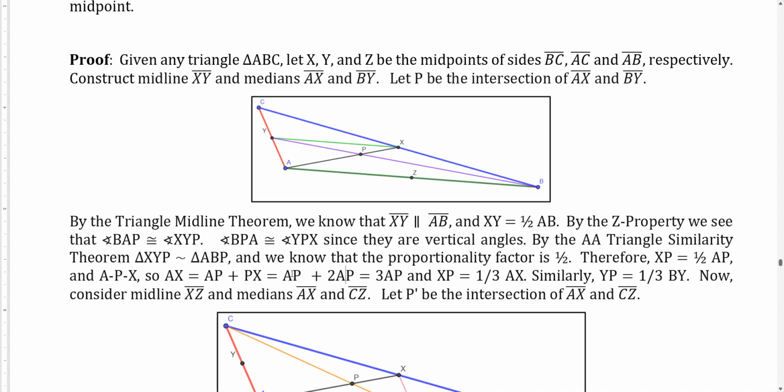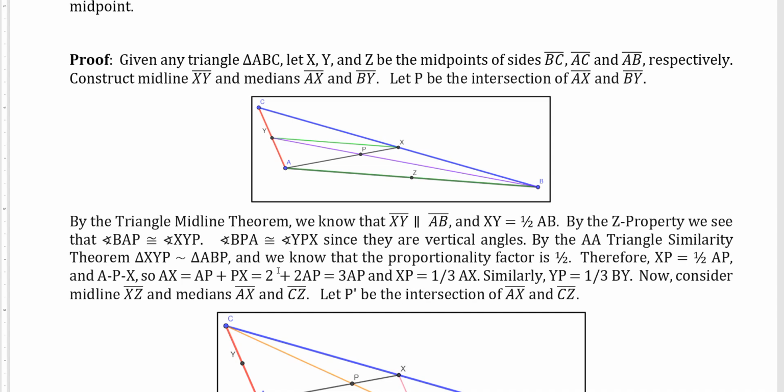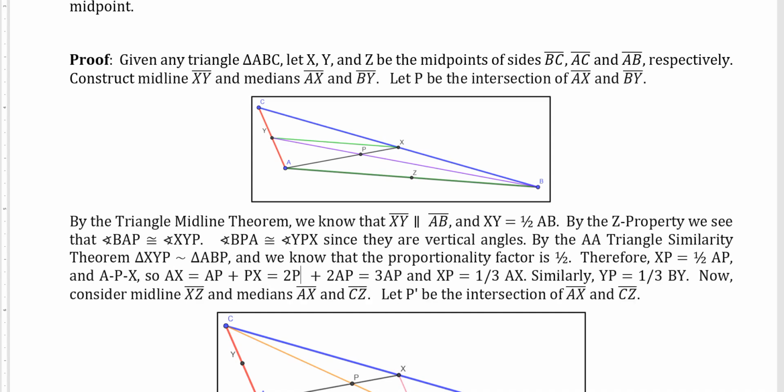AP is twice XP, or PX. So this is another PX. And so AX is 3 times XP. And so XP then is 1/3 of AX. That is stated correctly.